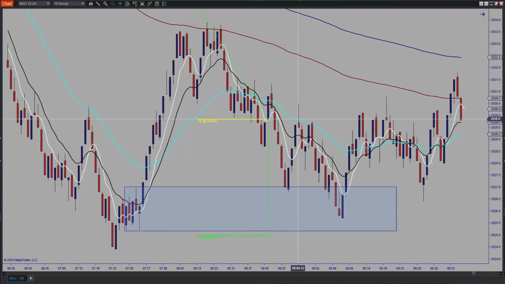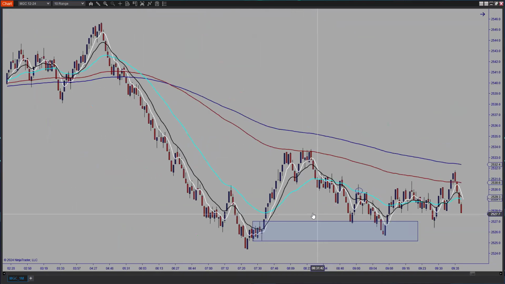I'm out right here. Big picture. What are you trading into? What are you trading out of? This is a break even for me. Let's keep going.